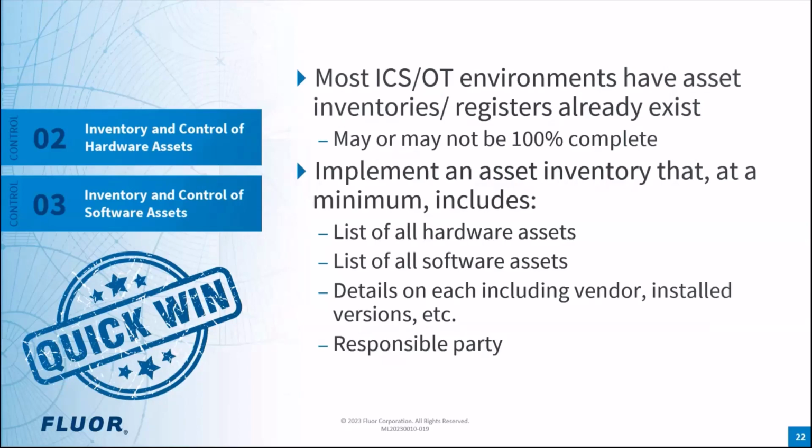If I don't know I have those things, I can't protect them. So we start with building that asset register or inventory of all the hardware, software and firmware that we have in the environment. So it includes details of not only the vendor, the specific model of hardware, the specific version of the software and firmware that we have installed in the environment, but also who's responsible for maintaining those components.